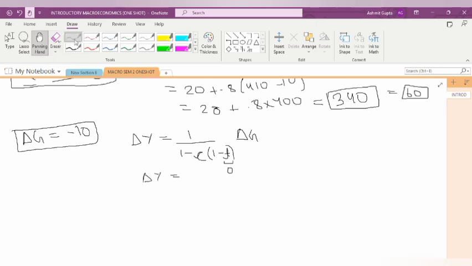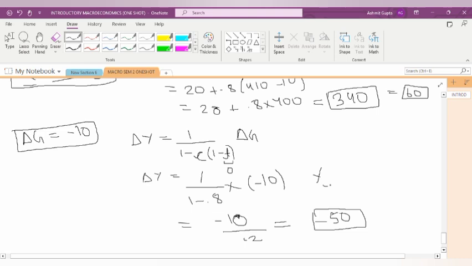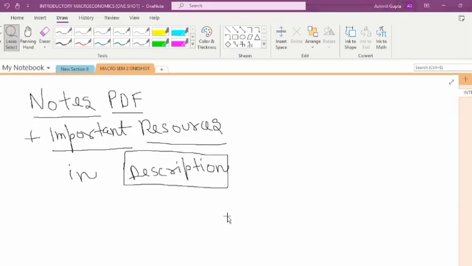So delta Y will be 1 upon 1 minus 0.8 into delta G, that is minus 10. We would get minus 10 upon 0.2, which comes out to be minus 50. So our new equilibrium level of income after a reduction in government spending of 10 units would be 410 minus 50 equals 360.